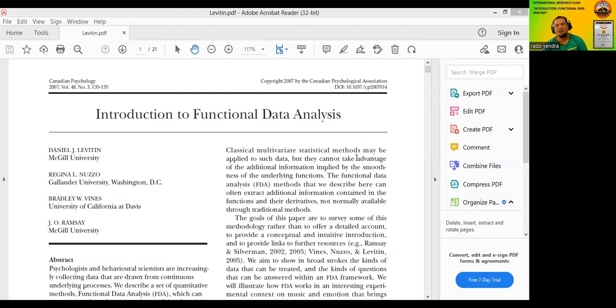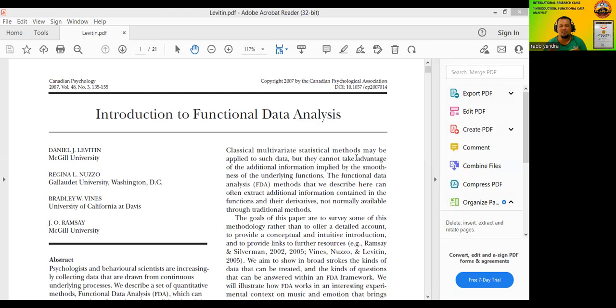Okay, in functional data analysis, we have some variables. For each variable, we have some data. And then all the variables will be represented with graphs. Of course, we have several overlapping graphs.